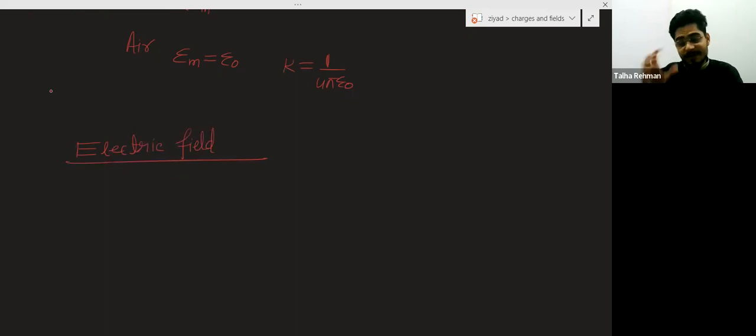After that, I told you the electric field. Electric field definition: you can write it as the space around a charge in which another charge experiences a force. Now, what is the value of the electric field? Suppose this is the charge Q, and this is a point A at a distance of small r. At point A, the electric field is given by K into charge divided by r square. For direction, you will assume a positive charge here.